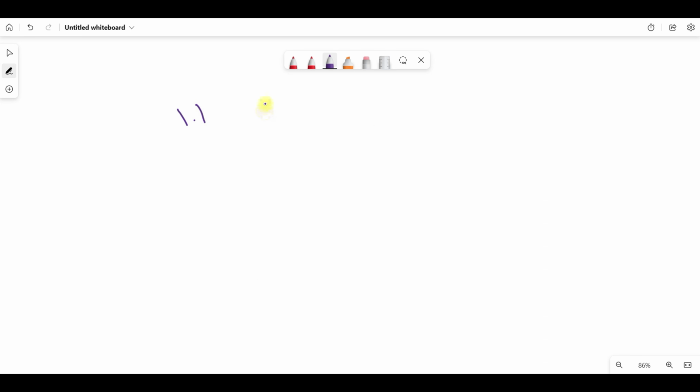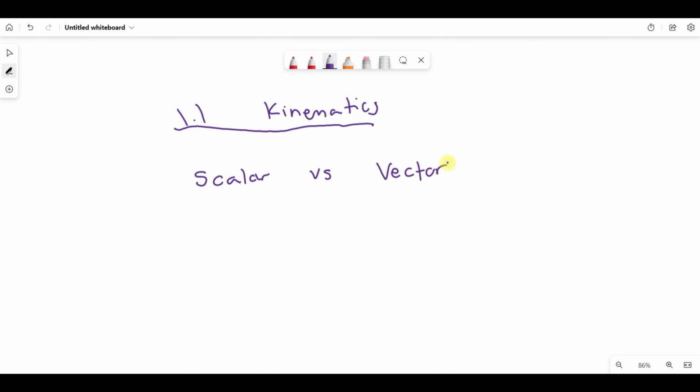Alright, so 1.1. Kinematics. Kinematics is a relatively easy unit compared to the others, and it's the fundamentals of physics. So let's first focus on a key distinction in kinematics: a scalar value and a vector value.